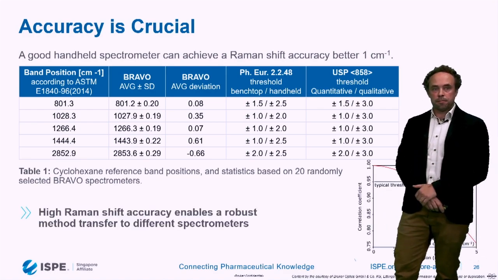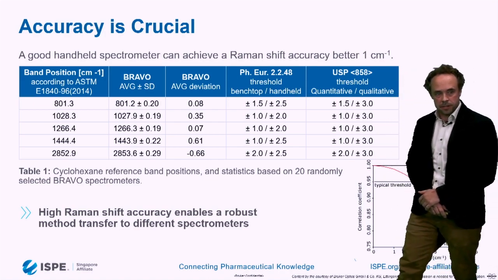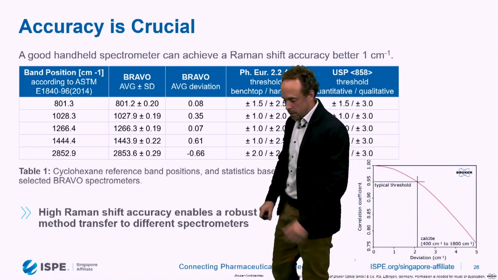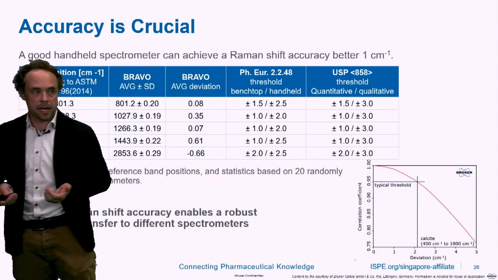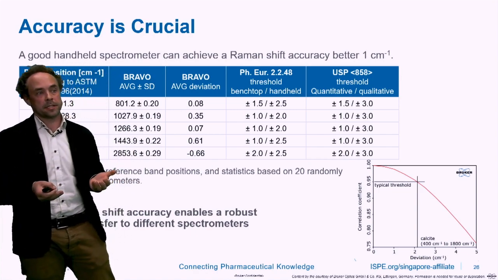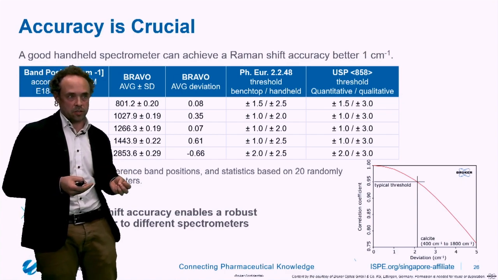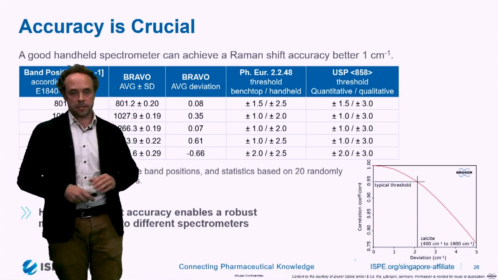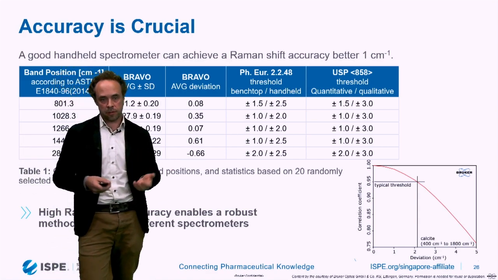And that's not only important for benchtop instruments or quantitative analysis. It's as well important to enable a robust method transfer. For example, what's very typical with handhelds, in a technical competence center, the analytical method is set up, the reference spectra are taken, and then this method is supplied across multiple sites, used on different instruments.